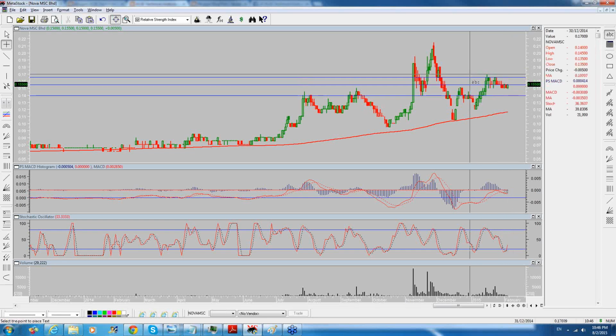Okay, this is what I can tell you. Resistance, right, and support. But in a nutshell, most likely the price will come down here, right?